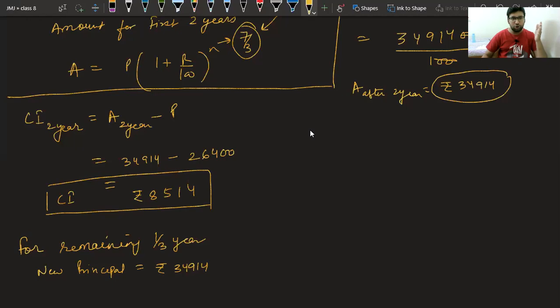The time period we already know. Now the rate of interest is how much? 15% per annum. Tell me what will be the change in the rate of interest for 1/3 year. If the rate of interest was 15% per annum, how much rate will we find for 1/3 year? Class, tell me the new rate for this much time, 1/3 of a year.